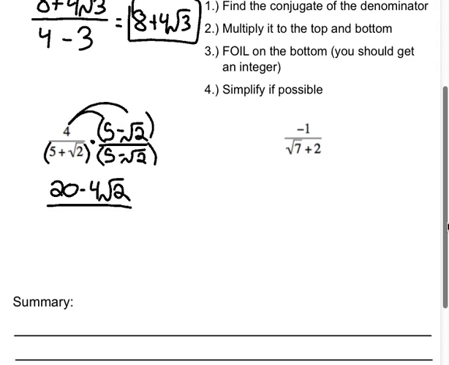On the bottom, you're always going to get a foiling process, but remember, it's always going to turn out nicely. So that's going to turn into a 25. 5 square roots of 2 minus 5 square roots of 2, that inner piece always cancels out, minus square root of 4, which is just a 2.